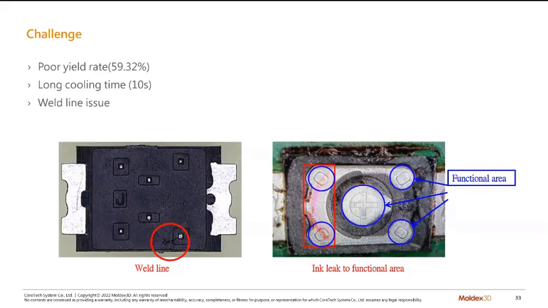They just drop some red ink on this side and wait for a while. If the ink flows to the other side, then this one failed, because this kind of behavior will make this functional area non-functional.